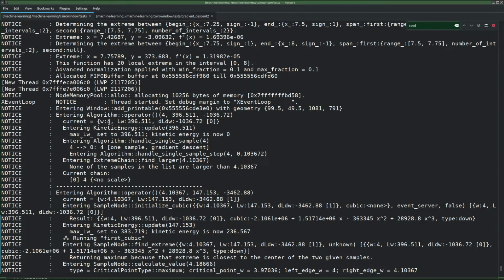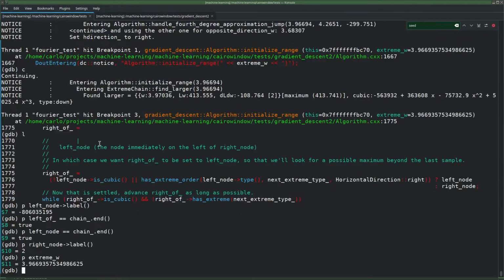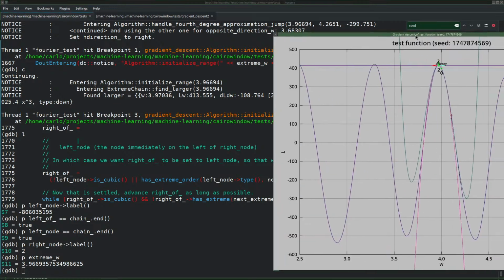Okay, so 0.0 is exactly 4. Extreme W is 3.9669, which is therefore a little bit to the left of 0.0, very little bit, which means that we should find 0 as the larger node. And then right node is the node on the right of extreme, that is then 2. 1 is over here.